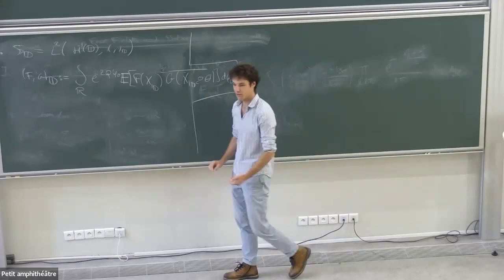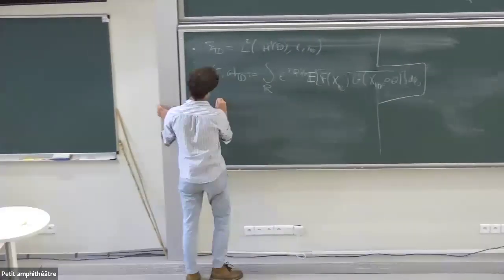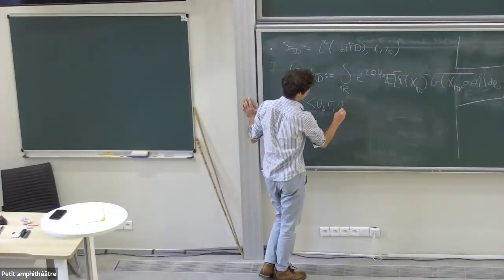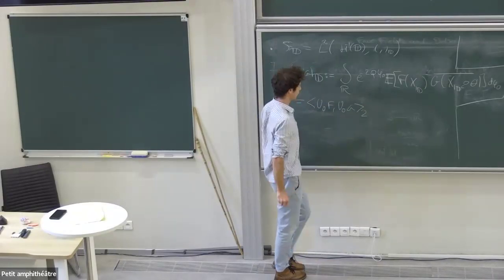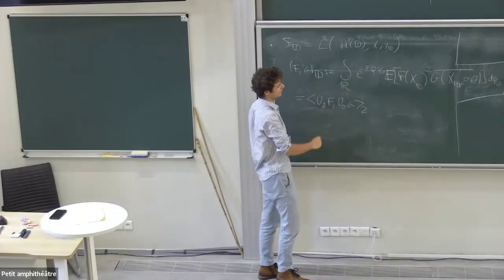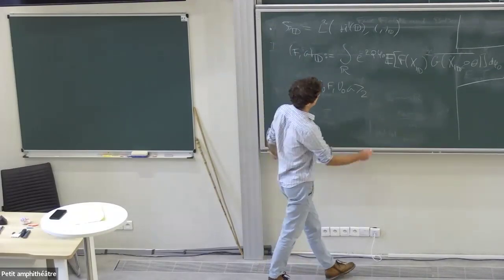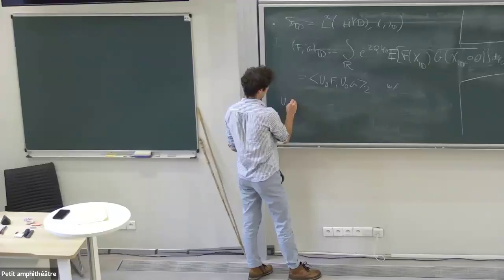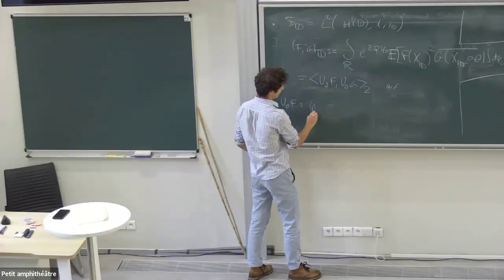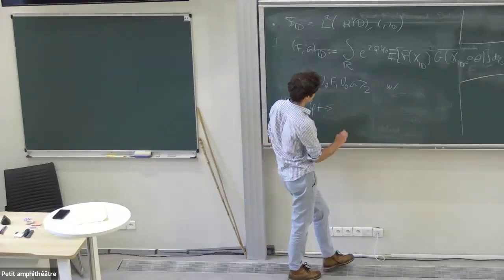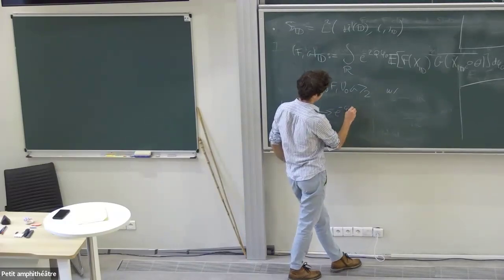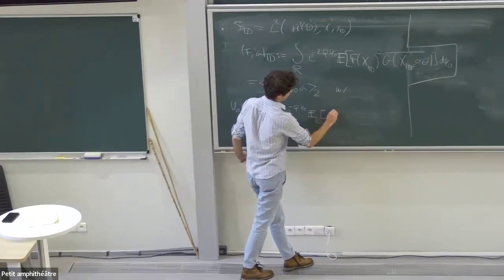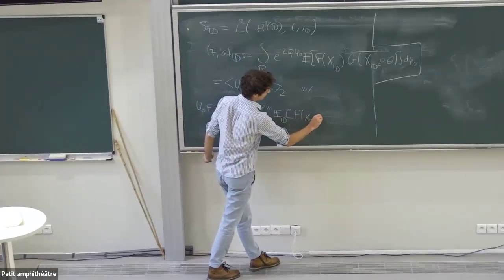And what is the connection with our initial picture? That you can write this as the L2 scalar product with respect to the L2 norm of U0F, U0G, where U0F is just the map that takes phi and splits minus Q phi 0 expectation of F is equal to P phi.